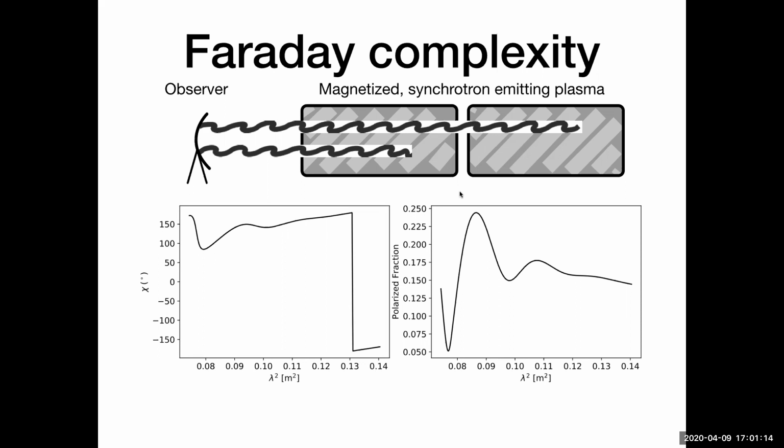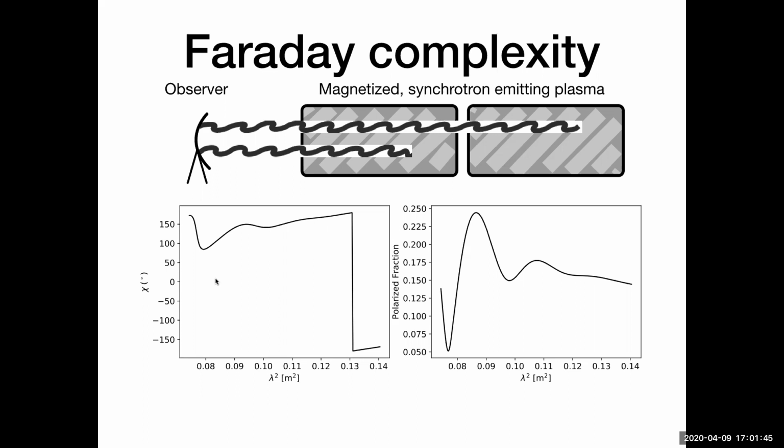And so you then end up with some combination of emission, with different amounts of Faraday rotation, and it's all superimposed and the vectors are adding together, and the output result is just messy. And so how do we then go about trying to analyze a complicated polarization signal like this to extract Faraday rotation information?